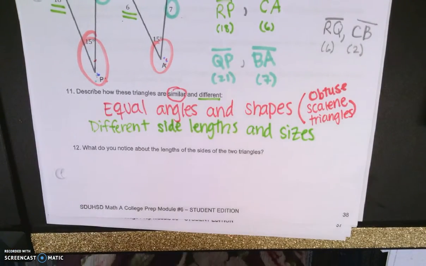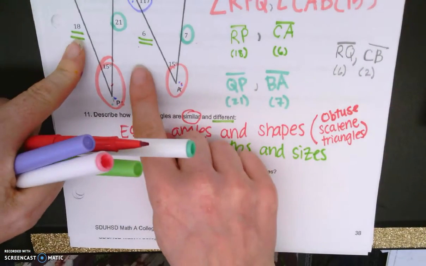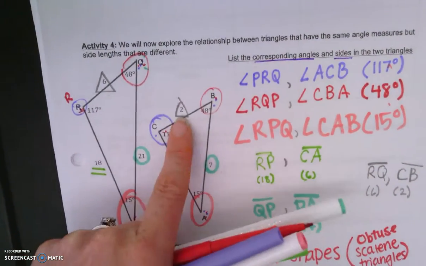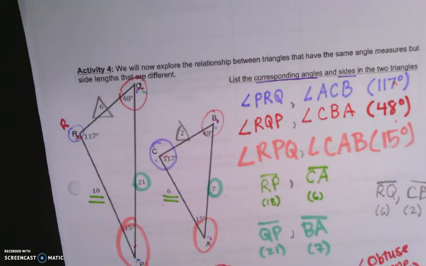So what do you notice about the lengths of the two triangles? How would we go from 18 to 6? Those are corresponding. Oh, how would we go from 21 to 7? Or 6 to 2? Interesting. Is it the same number you would multiply by?